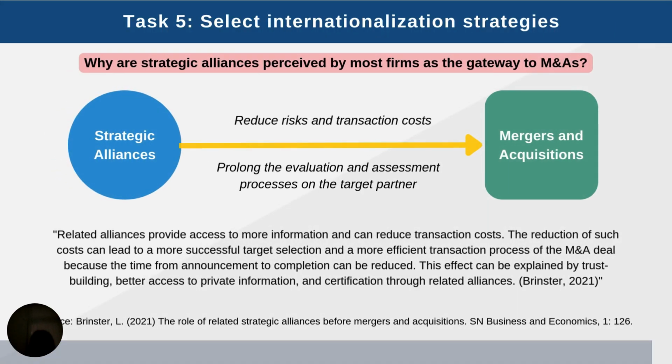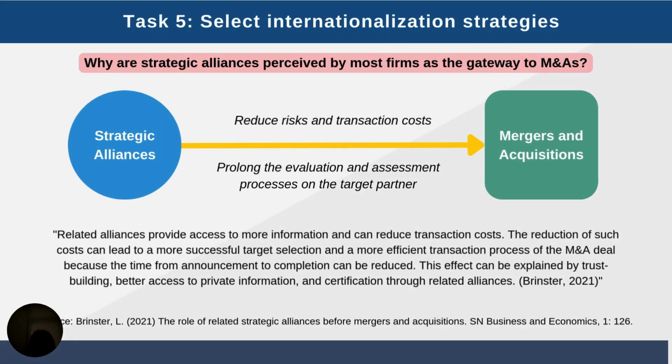Why do you think most companies form strategic alliances before they do M&A? I think the more practical concern is that making an M&A decision is often very risky for firms, in particular if you are merging with or acquiring a private company with no public information or financial data available for evaluation. So companies tend to lower their risks and transaction costs by forming strategic alliances, prolonging their evaluation and assessment process of the target partners.